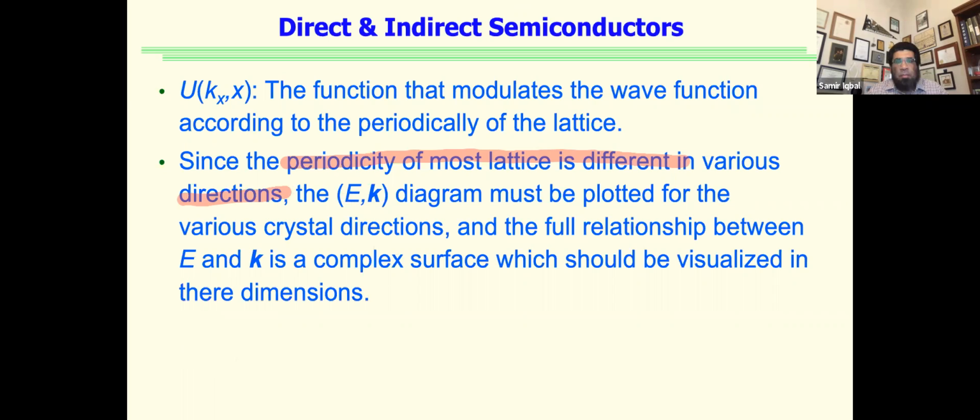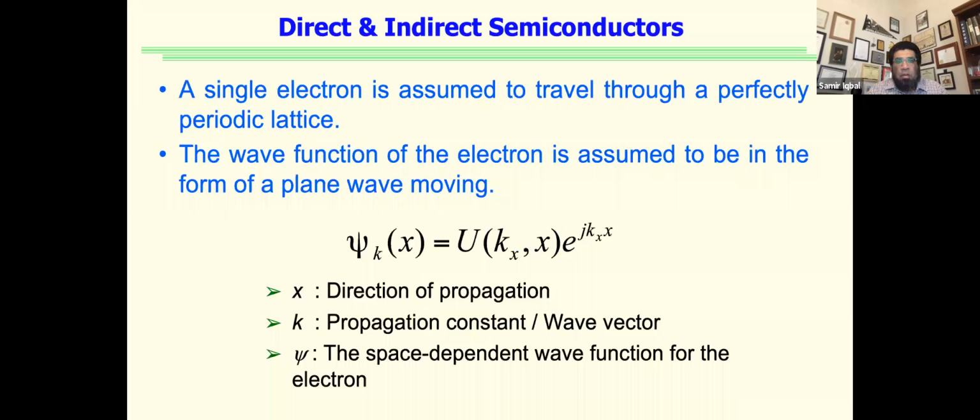The EK diagram is a diagram which shows the relationship between energy and wave vector or propagation vector. So this versus energy is what gives us how energy would change in 3D in an actual semiconductor material.